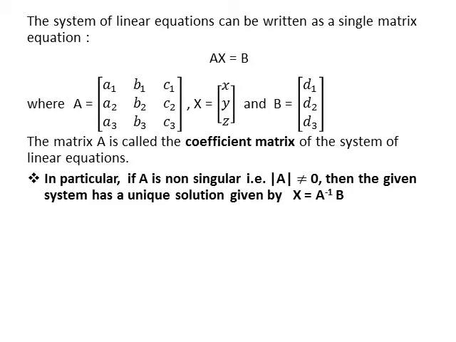Now if A is a non-singular matrix, that means determinant of A not equal to 0, then the given system of equation has a unique solution given by X equals to product of A inverse and B.